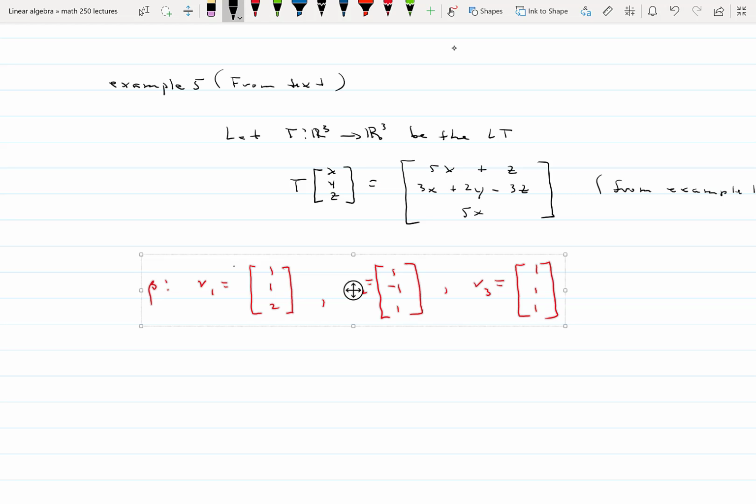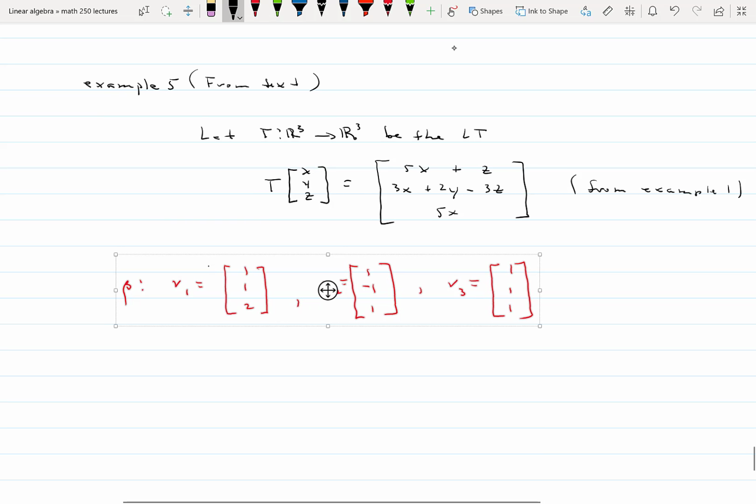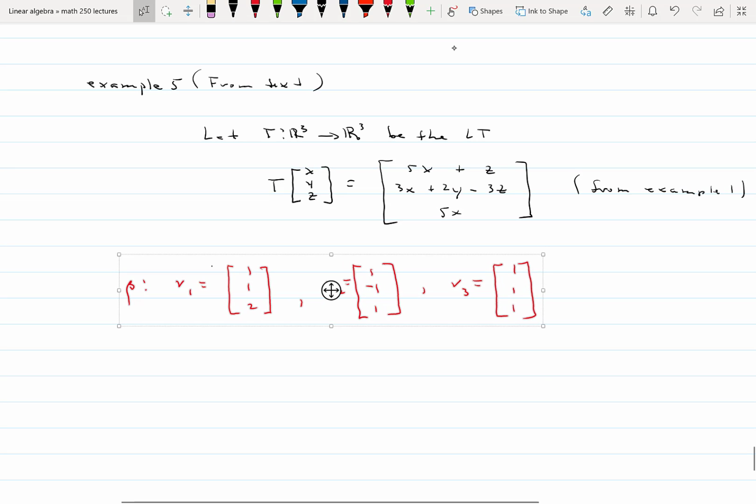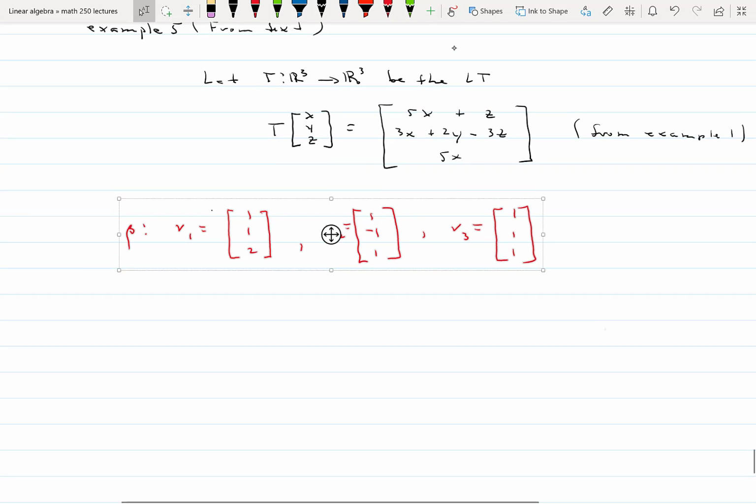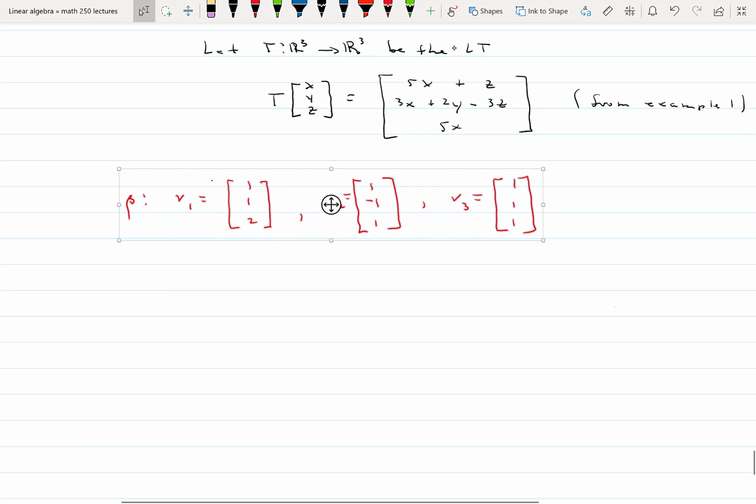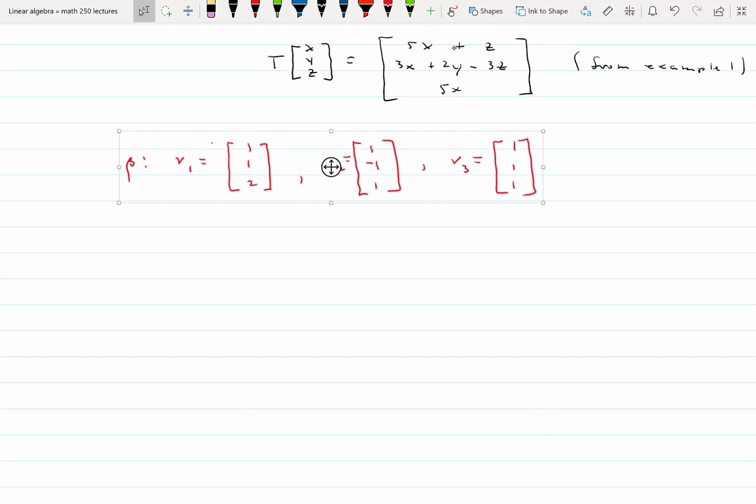So let T be the linear transformation from example 1, and I copied it there. We're also going to be using the basis beta that we've been using in our last couple of examples. So part A, find the coordinate vector of V relative to the basis beta.